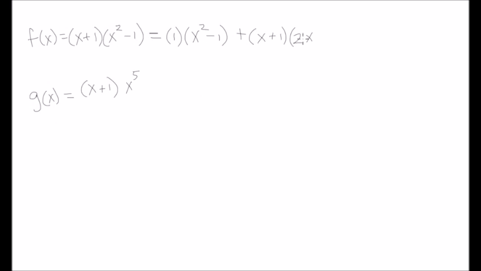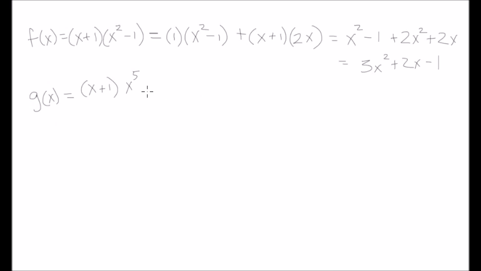The second term is a constant, so that disappears. If I want to, I can multiply that out. I get x squared minus 1 plus 2x squared plus 2x. And you can combine that to get 3x squared plus 2x minus 1, which should be the same thing that you get if you FOIL out these terms.